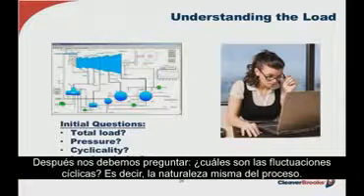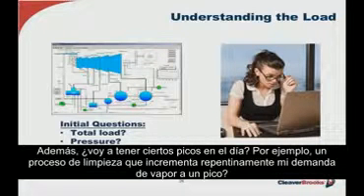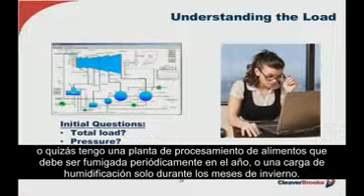Next, we have what I like to refer to as cyclicality. This is the nature of the process. Will I encounter certain spikes during the day, such as a CIP requirement, clean in place, which will cause my steam demand to suddenly peak? Or maybe I have a food processing plant requiring fumigation, but it's only periodically throughout the course of the year.